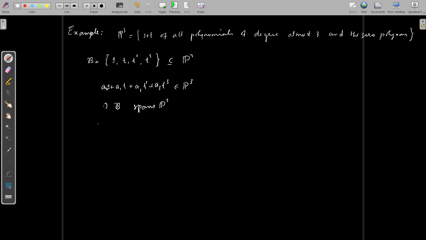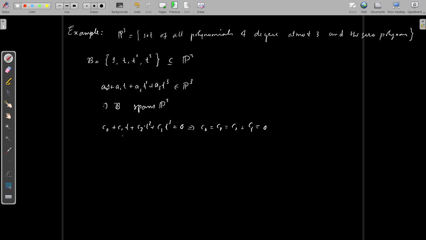Now we can verify the linear independence. Assume a linear combination c0 plus c1 t plus c2 t square plus c3 t cube equals 0. Since 0 is the zero polynomial, each coefficient c0, c1, c2, c3 is equal to 0.